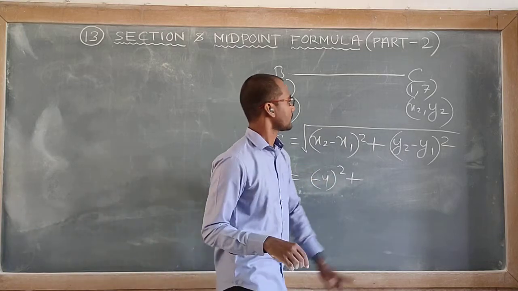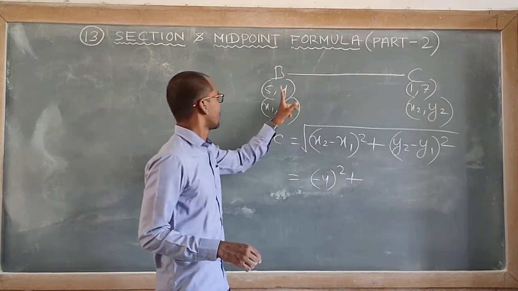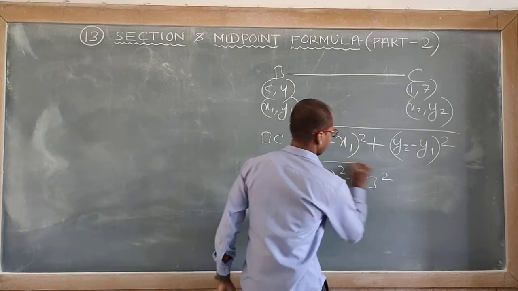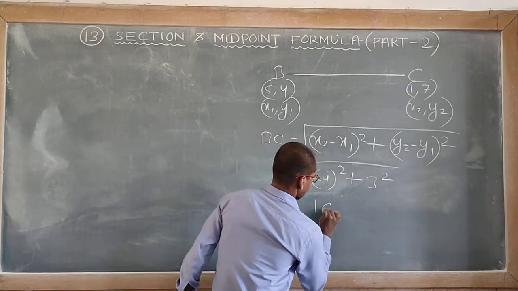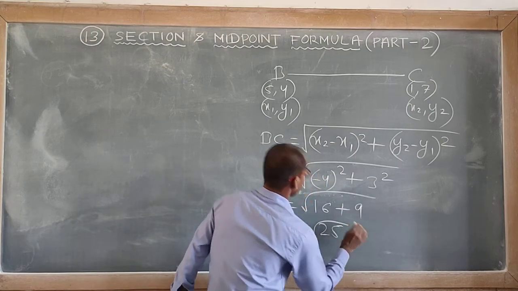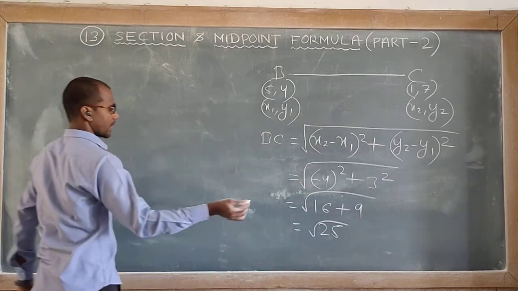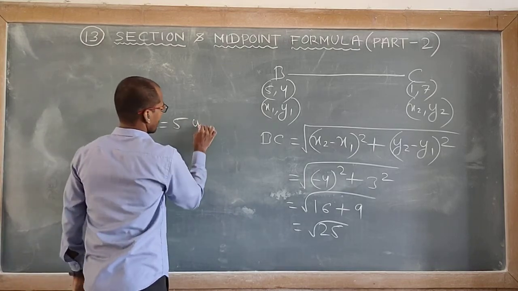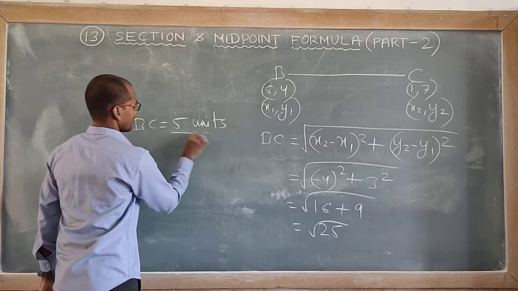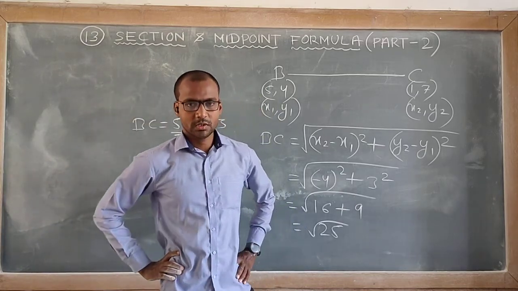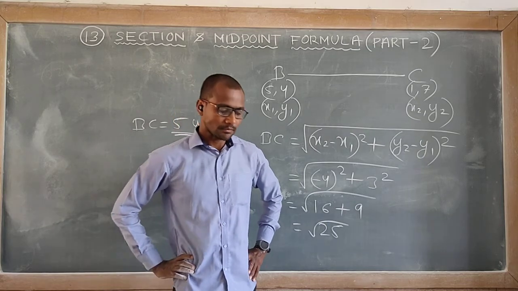Y2 minus y1. 7 minus 4, which is 3. Square. Minus 4 square is 16. 3 square is 9. 25, whose square root is 5. BC is equal to 5 units. So this is the required length of the side BC of the triangle ABC.